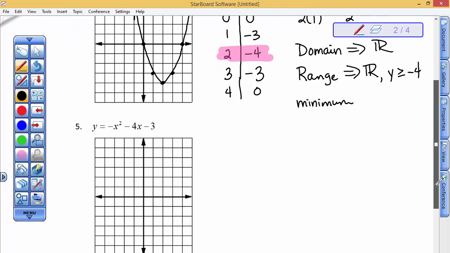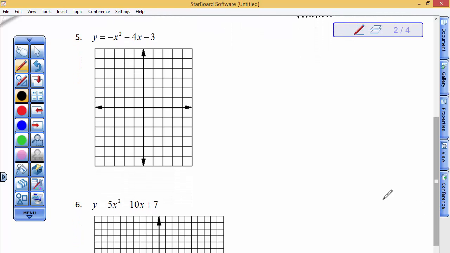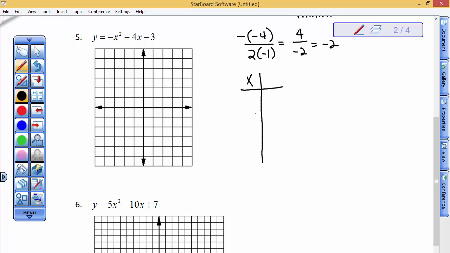So let's find the vertex. That's found by taking the opposite of my b value, dividing by 2 times a. A is a negative 1. So I have a positive 4 upstairs and a negative 2 downstairs, and my vertex for this problem is a negative 2. So I'm going to put the negative 2 way down here. Now be really careful when you substitute a negative 2 in for x.